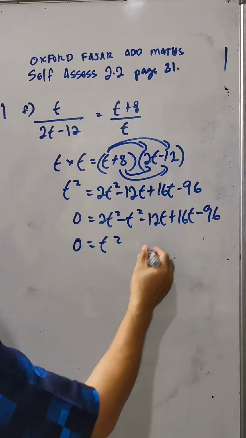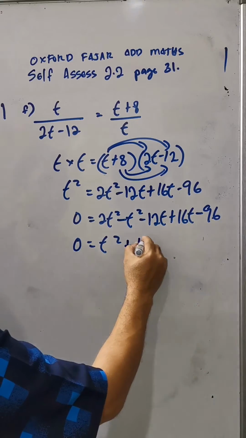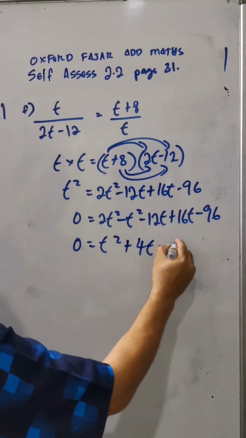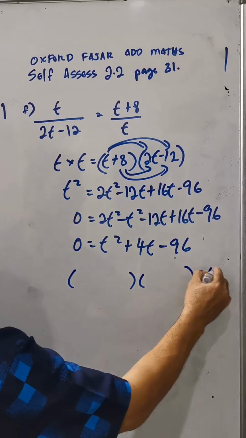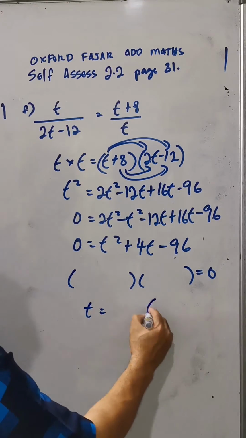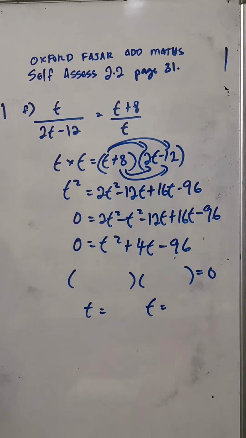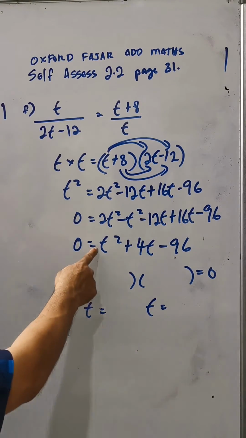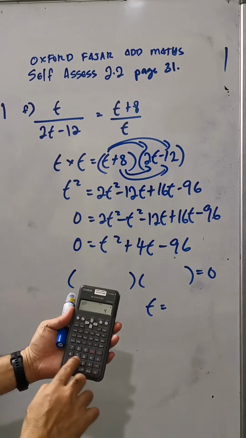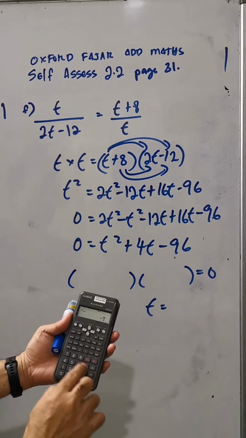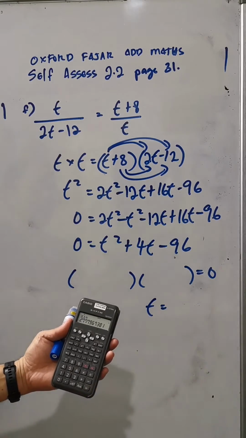Negative 12 plus 16 will be positive 4t, and then minus 96. Put a bracket, two brackets, equal to 0. The first t is what? And the second t is to be discovered. So in this case, A will be 1, B will be 4, and C will be negative 96.